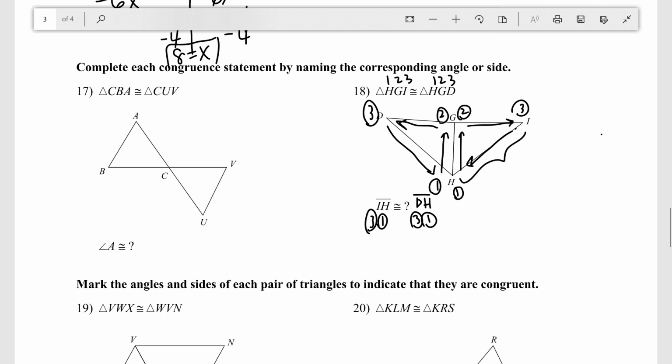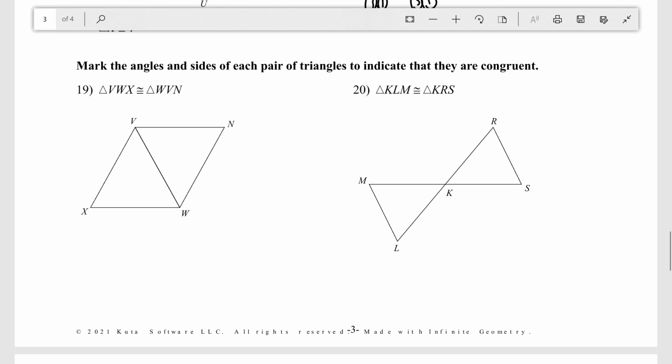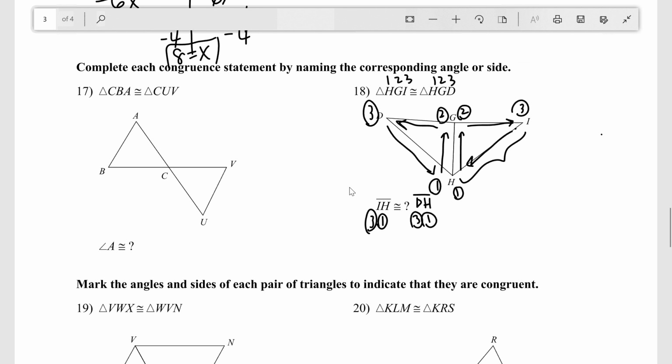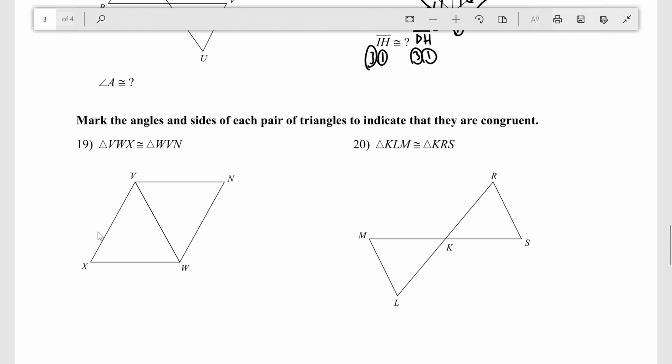My last section of the worksheet for this level 2 here is to mark the angles and sides of each pair of triangles to indicate that they are congruent. So we are going to mark everything based off of the triangle congruency statement, making sure that we are going in the correct order. Let's also number these just like how we did in the previous section.